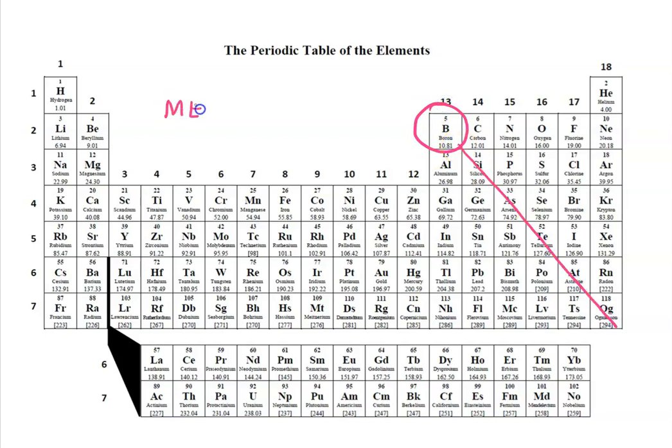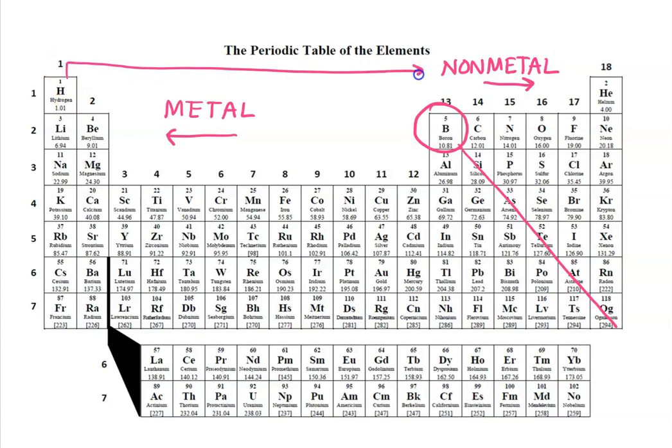Everything to the left of that is going to be a metal, and everything to the right of this line is going to be a nonmetal, with the exception of hydrogen, which is also a nonmetal. So if our compound starts with anything that is to the left of boron going diagonally through this metalloid line, then it's probably going to be an ionic compound. If it starts with anything to the right of this line, a nonmetal or one of these metalloids, it's most likely going to be a molecular compound.